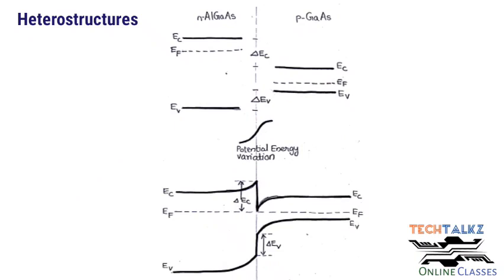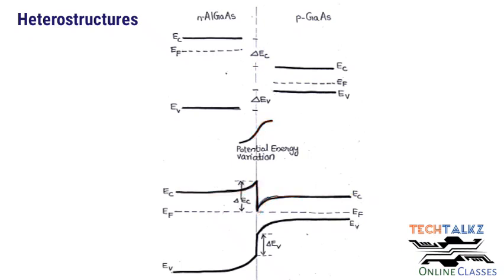So when you draw the band diagram, EC from AlGaAs bends in this direction because of the potential variation. Then at the junction, there is energy discontinuity, that is delta EC downwards. Then after the discontinuity, towards gallium arsenide, the energy bends like this, as the potential is still varying like this. So this is delta EC.